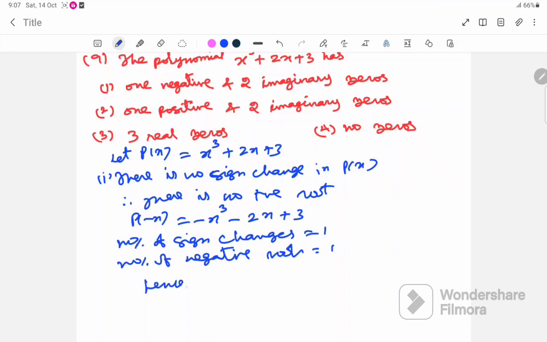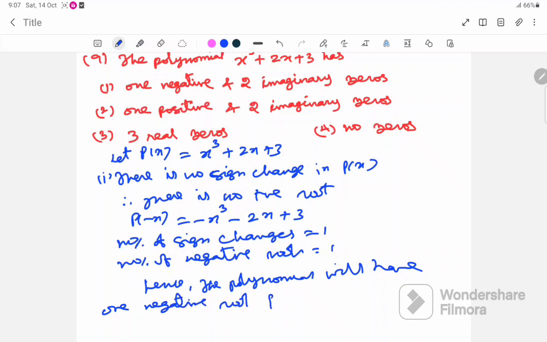Hence, the polynomial will have one negative root and the remaining are imaginary. It will have 2 imaginary roots. It is there in option 1. So option 1 is correct.